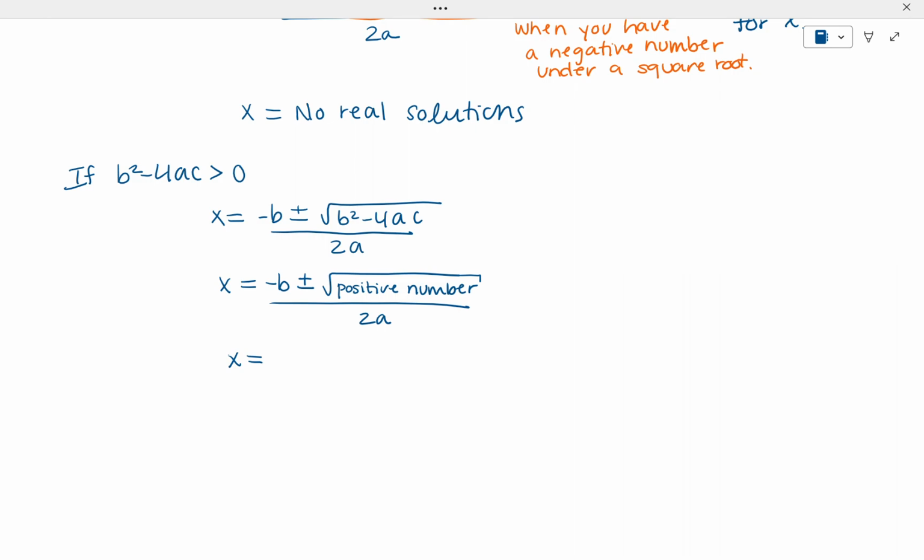And in this case, a positive number under a square root will give us a real solution. So there are solutions when there's a positive number under a square root.